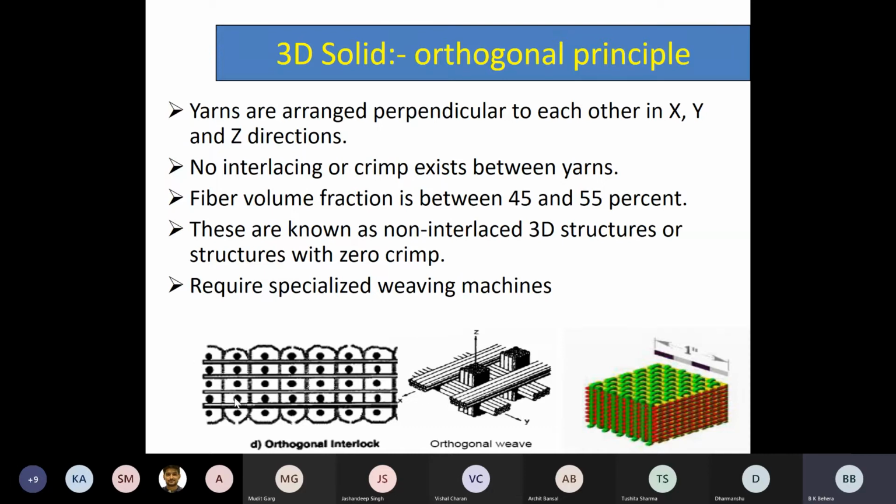So as you can see here, this is a multi-layer fabric. When we do not have any 3D weaving machine, if you want to have this kind of structure, what we do, we take, let's say here you can see 4 layers. We take 4 different UD fabrics, then go on laminating one above the other to get this thickness.